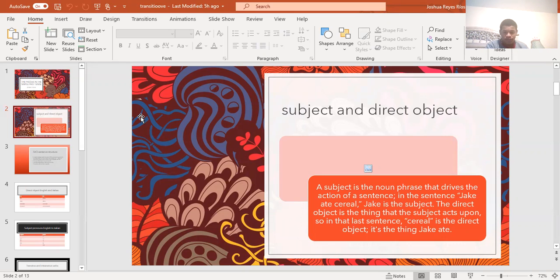So in the last sentence, cereal is the direct object. It's the thing Jake ate. Jake is the subject, acting on the object, the cereal. He's eating it. Let's go to the next slide.